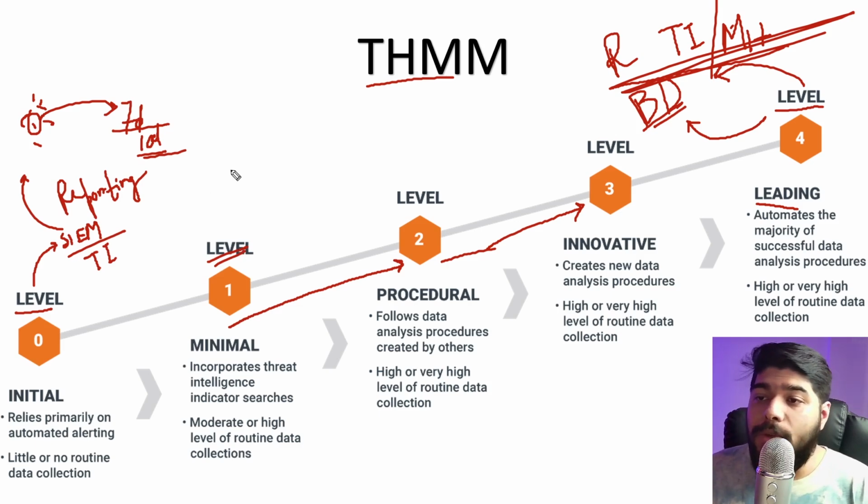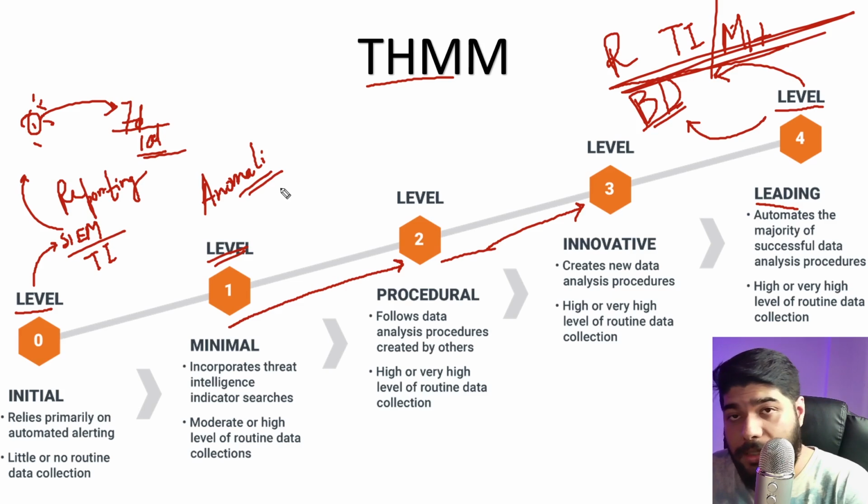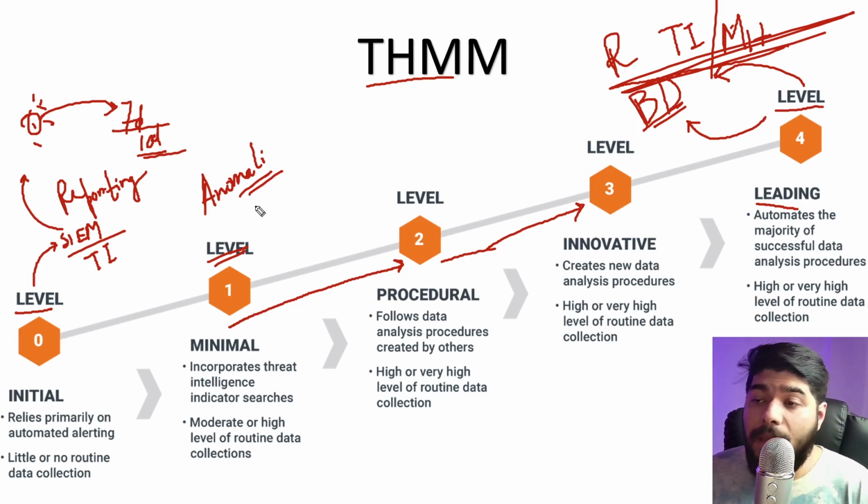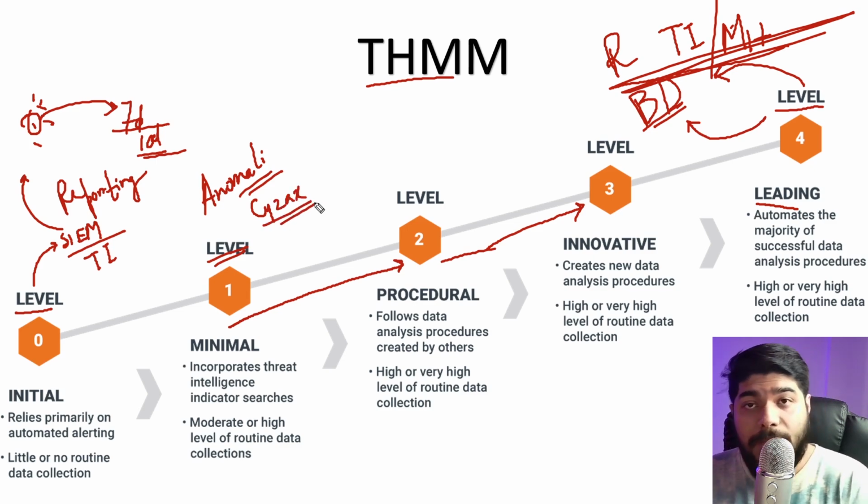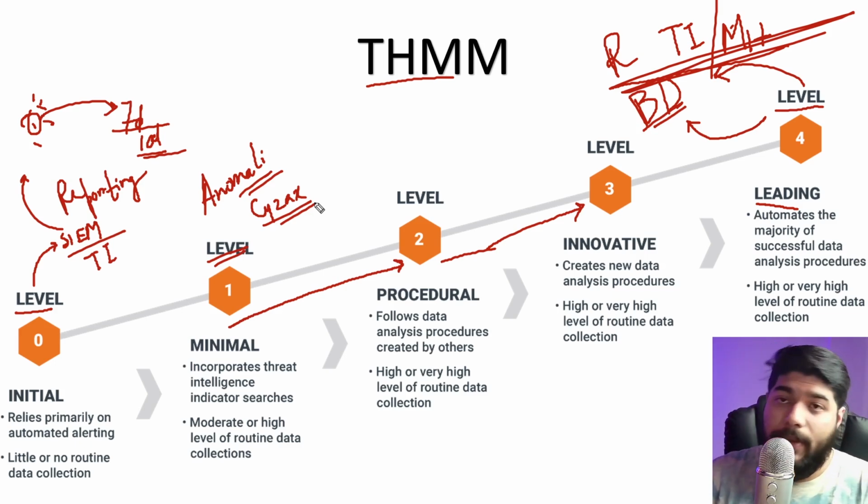For example, you could be using Anomali, which is a paid solution. You could have a collaboration with even Cyjax. So they are some kind of third party vendors who work on threat intelligence reports. They can give you the data from the dark web and all those stuffs.